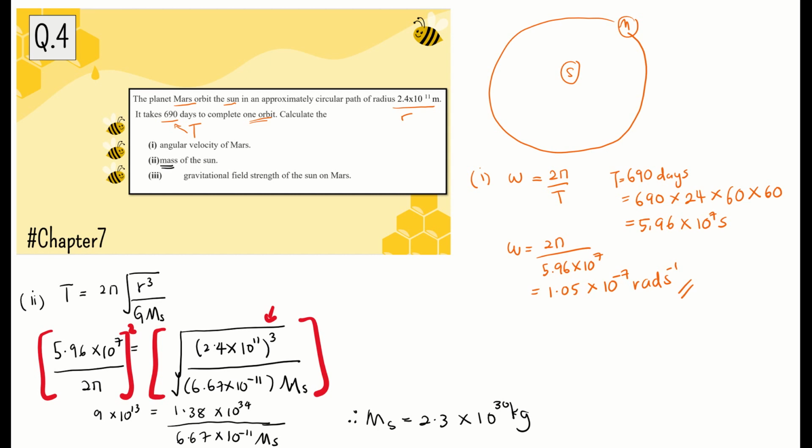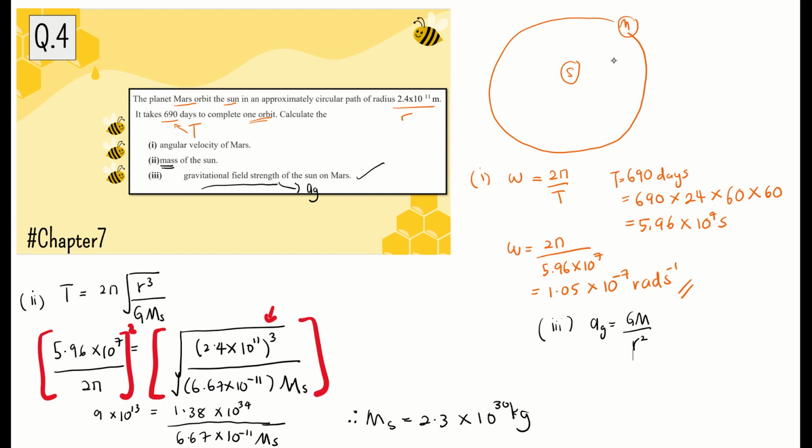Now we move to question number 3. The question asks us to find the gravitational field strength. I hope you still remember the symbol is Ag. So Ag is equal to Gm over r squared.